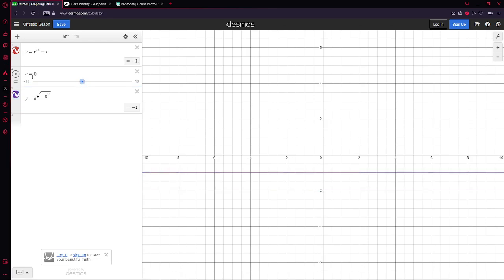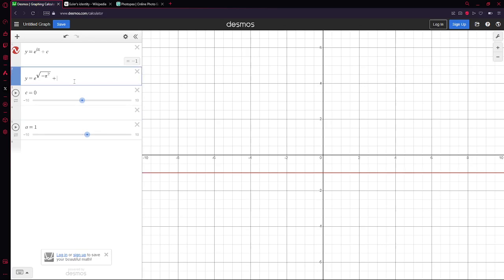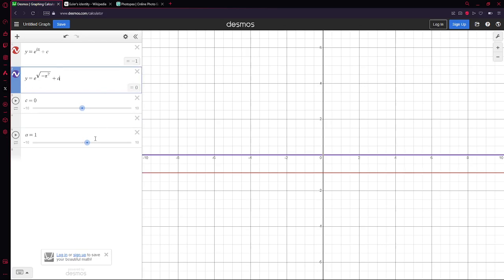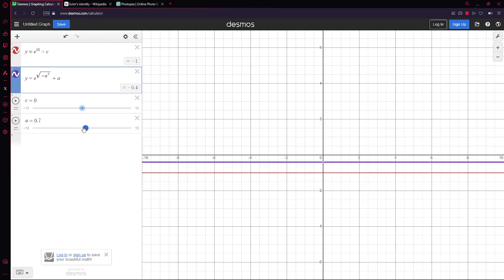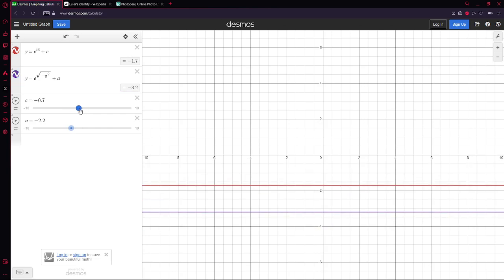Now, if we set our full variable right there, you can see that they're the exact same. Let's go and add another slider so we can do the two. So now we have two adjustable proofs right here, two adjustable Euler's identity.